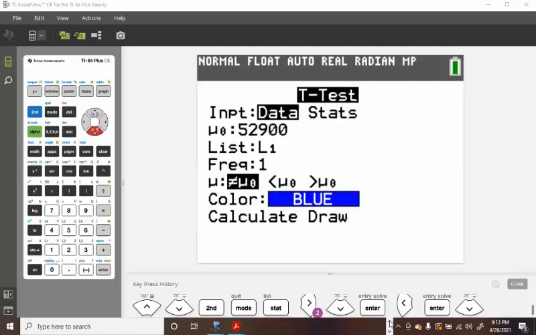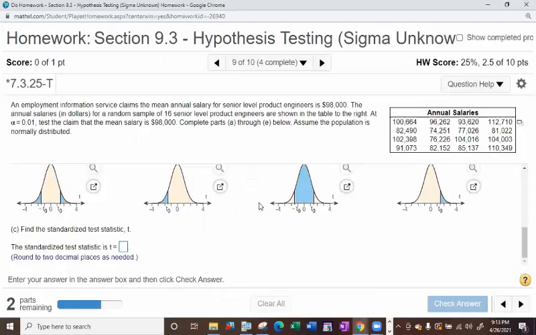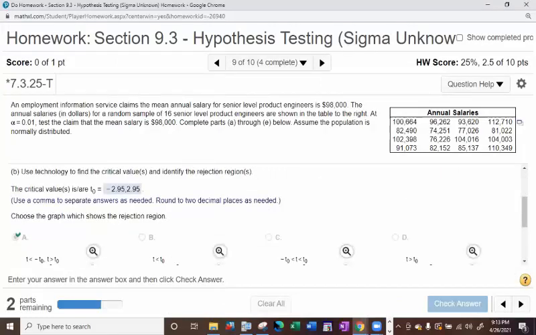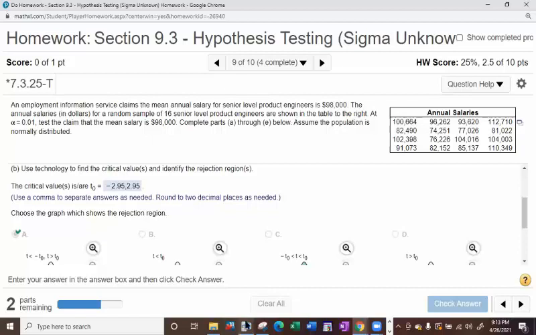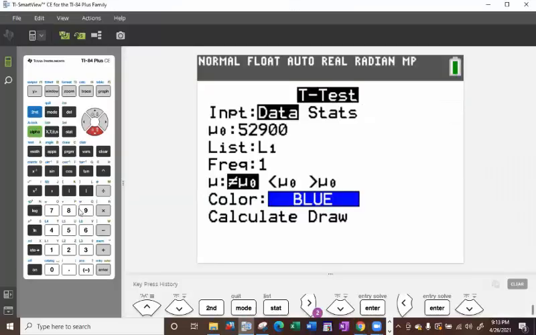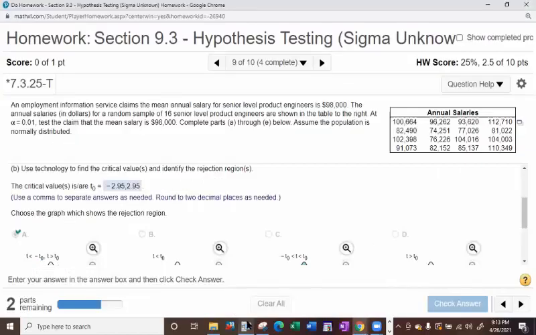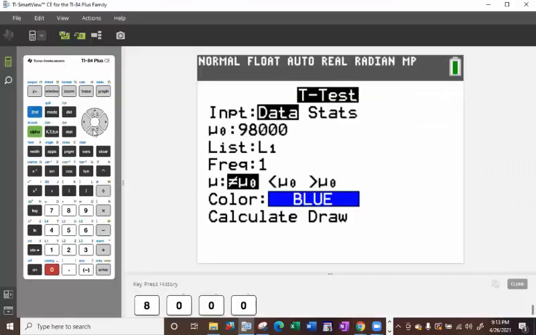I want to say like 98,000. I don't know what it was. 98,000. Okay. Forgot. Okay. It was two-tailed, wasn't it? Yeah. Two-tailed.